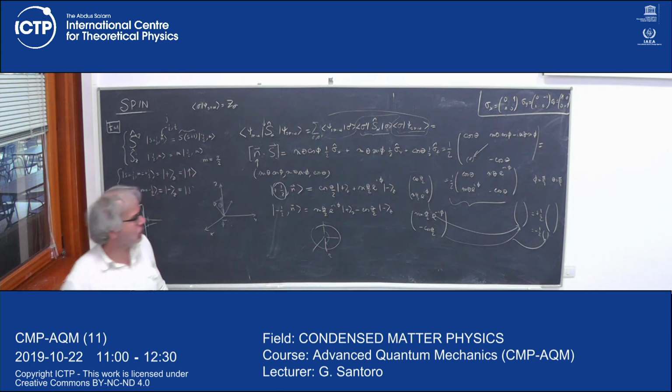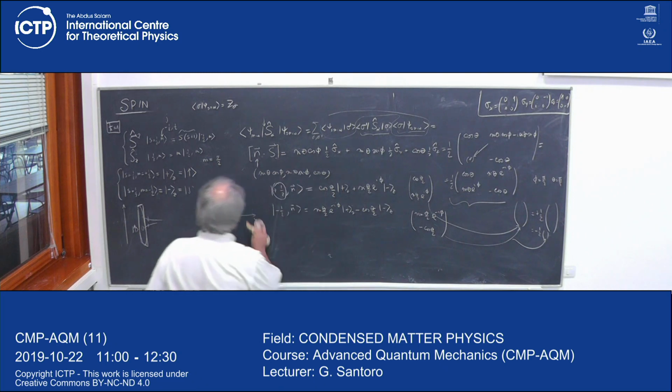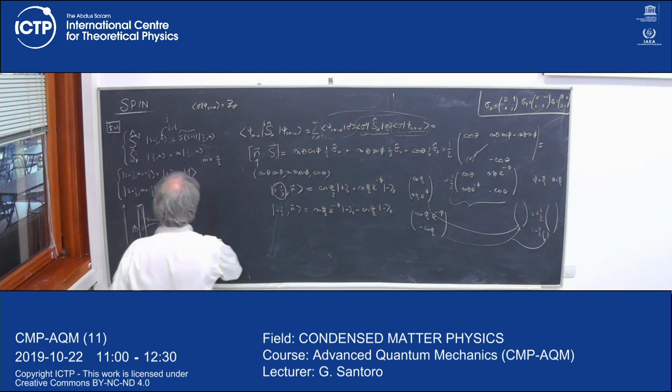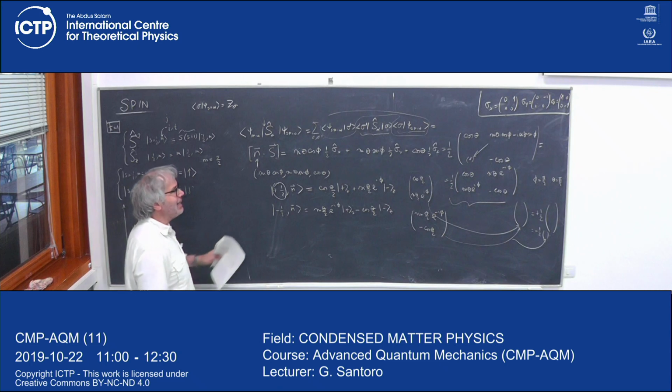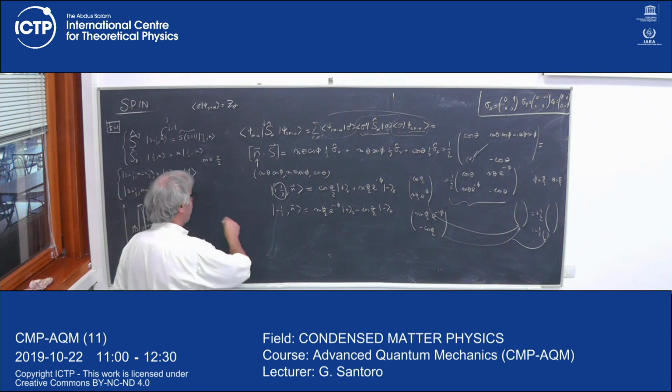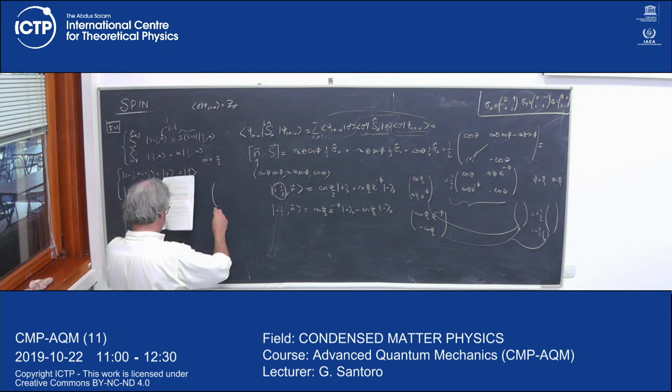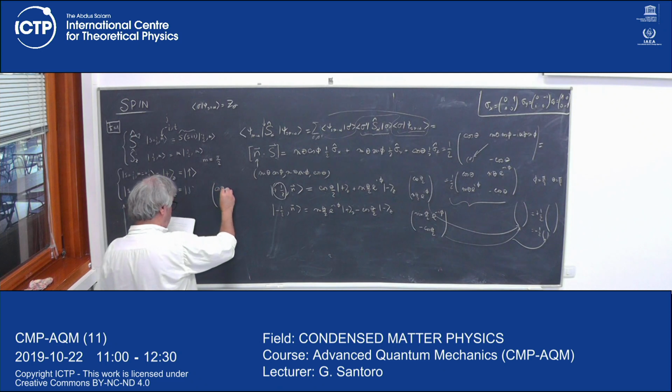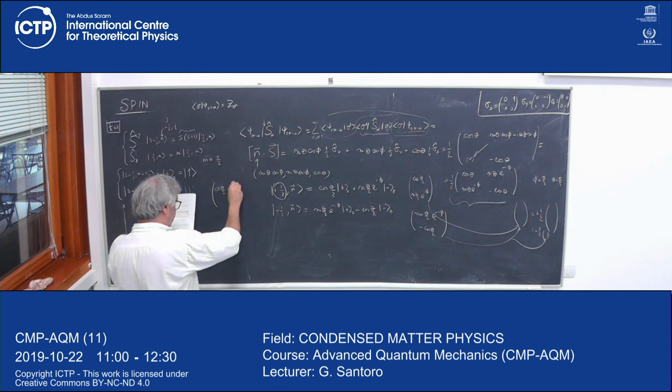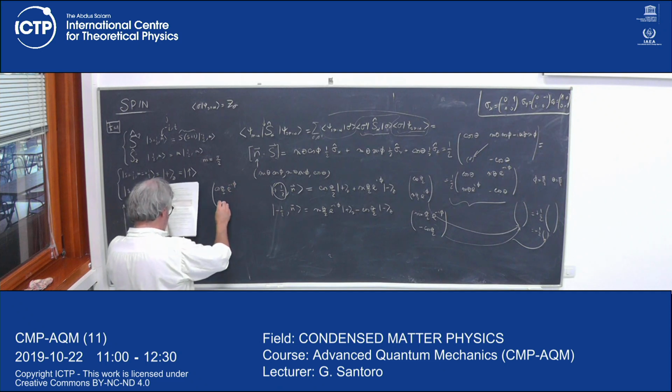Well, let me just make you notice the following fact. I could write an entirely legitimate expression for my eigenstates. Please verify in the following way. Just cosine theta over 2 e to the minus I phi and sine of theta over 2.